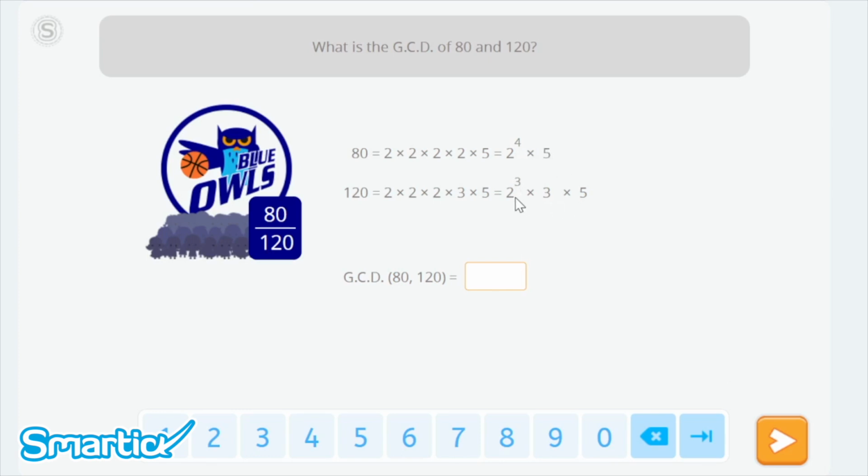And look at the lowest exponent. So the lowest exponent is 2 to the power of 3 times 5. So 2 to the power of 3 equals 8 times 5 equals 40. So the GCD of 80 and 120 equals 40.